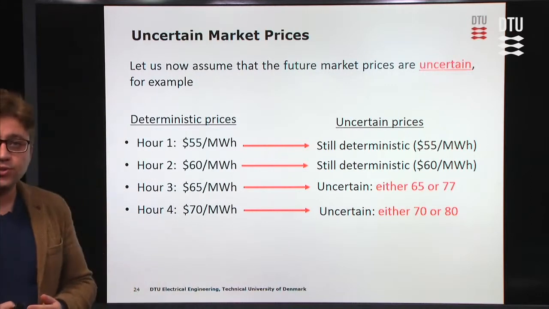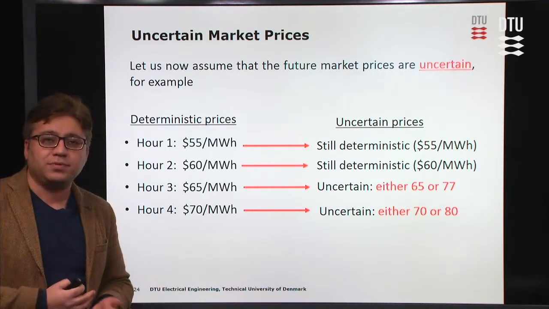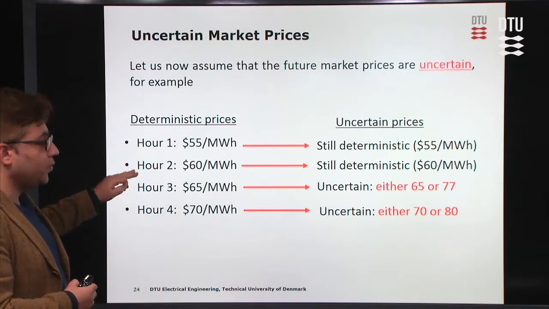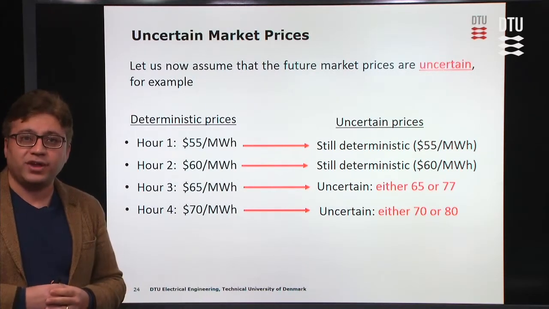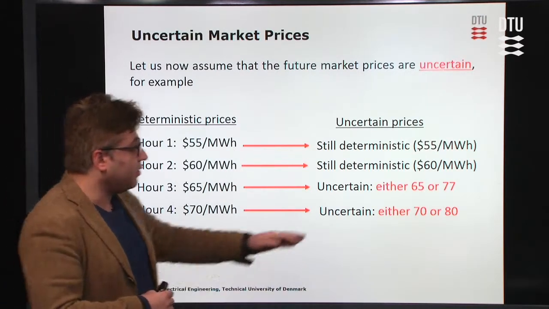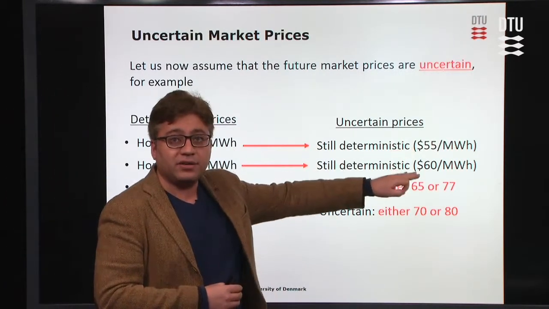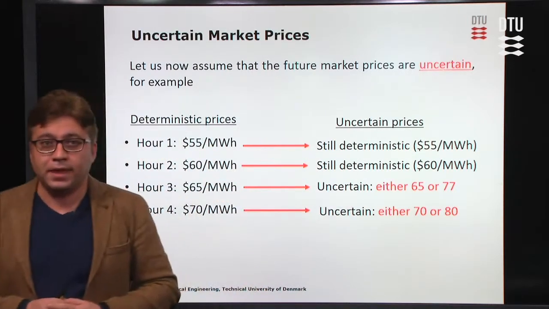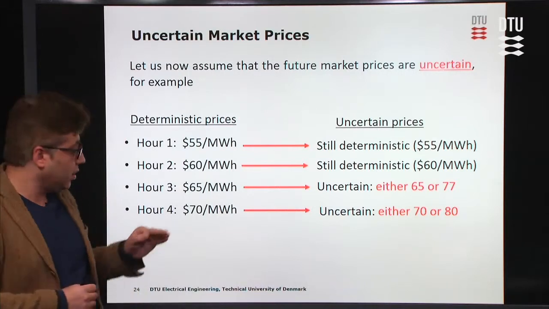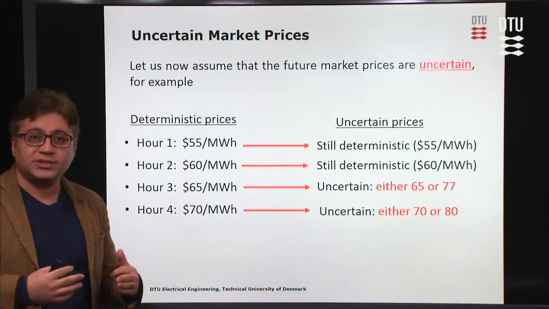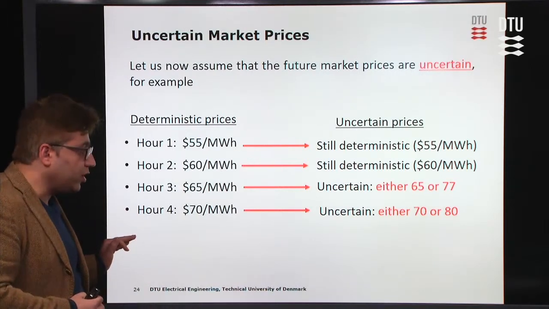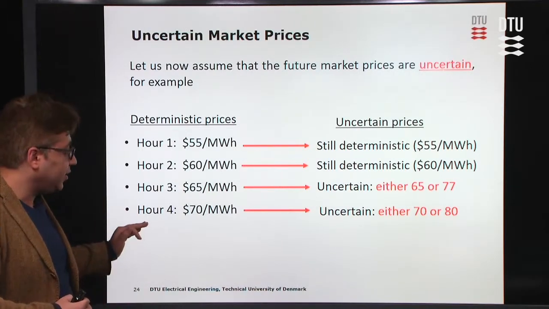For example, back to our previous illustrative example, in hours 1 and 2, assume that our forecast is still perfect and deterministic, and they are still $50 per megawatt hour and 60. But let's consider that our forecast for the hours further from now, hours 3 and 4, is uncertain.